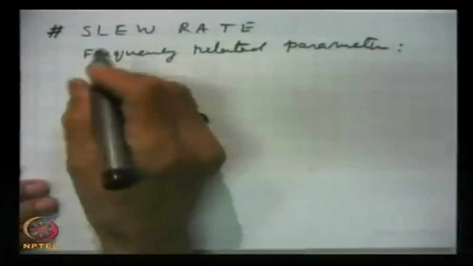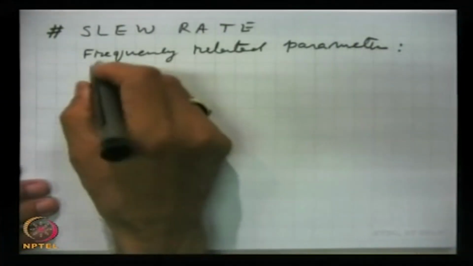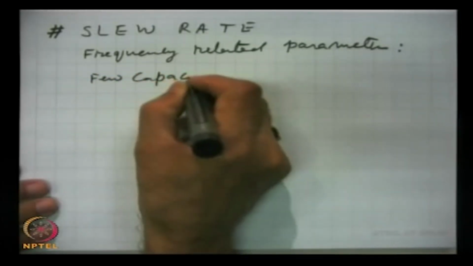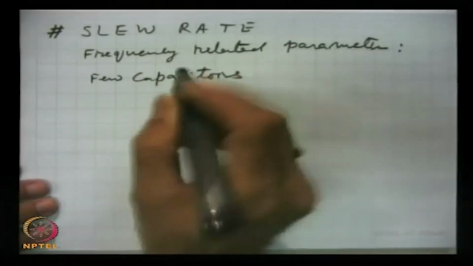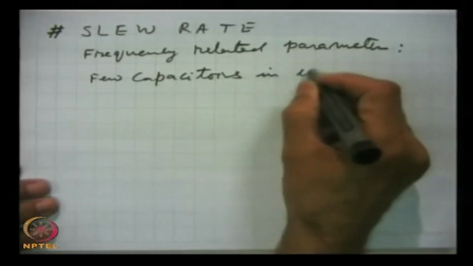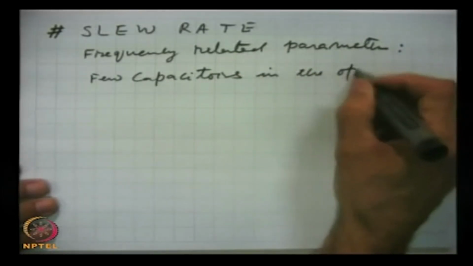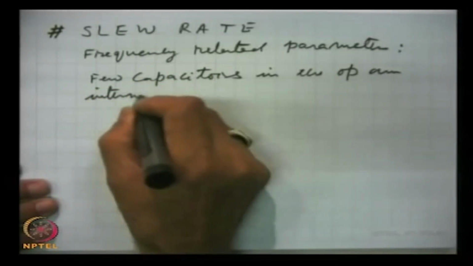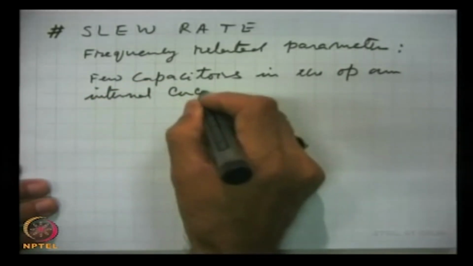And why is it not instantaneous? Because there are one or two small value capacitors, a few capacitors in the op amp internal circuitry.